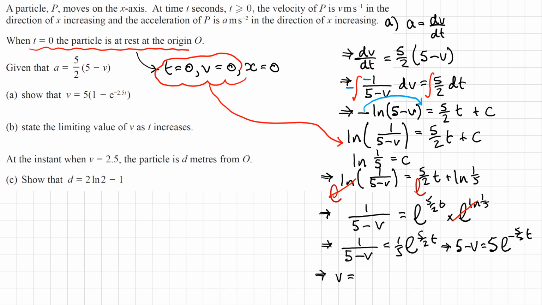Make v the subject, so v is equal to 5 minus 5e to the negative 5 over 2 t. Now we want to leave it in exactly the form that they have, so they factor out the 5 and they've written negative 5 over 2 as negative 2.5. So we're going to do exactly that, and then we can put as required at the end.